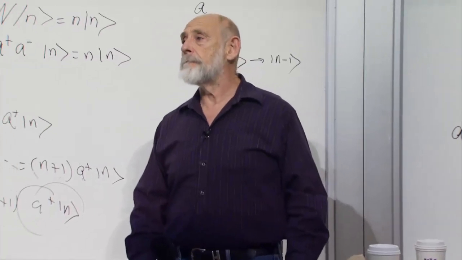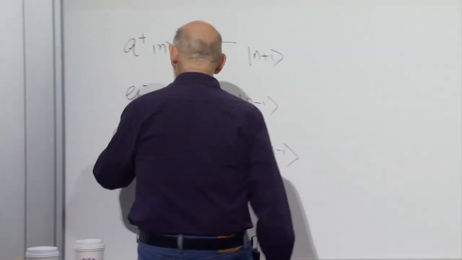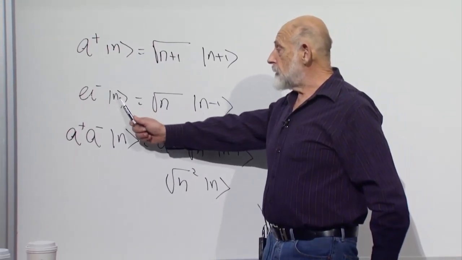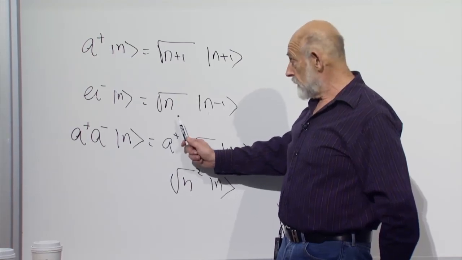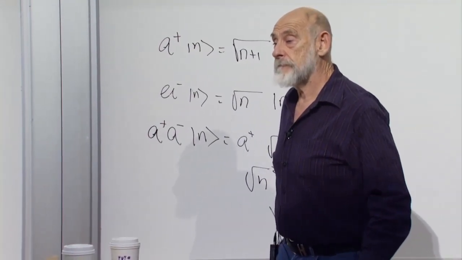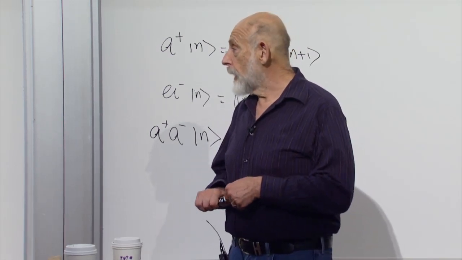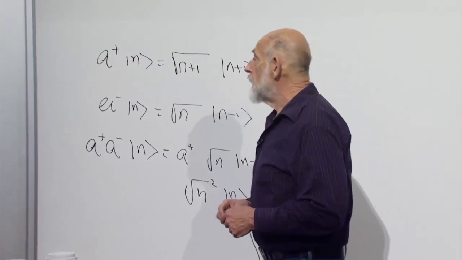Oh, incidentally, just one point. Notice that this equation here says that when A minus hits the ground state, it does give 0. Does the ground state have to be 0 or can it be above 0? Above 0 what? No, it has to be 0. Is that clear why it has to be 0?